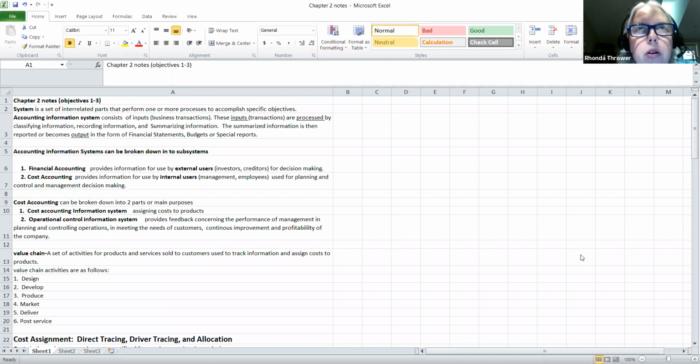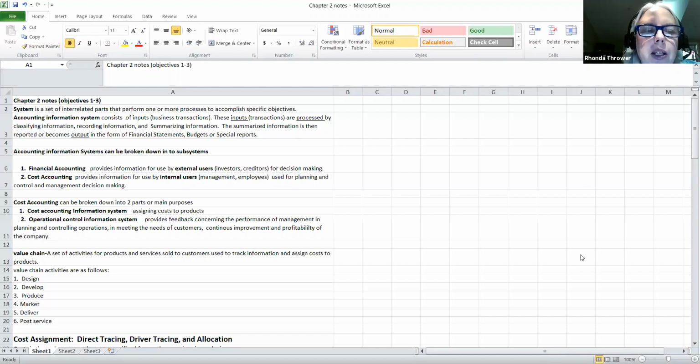What we're going to be learning about in cost accounting is a cost accounting system where we're going to be tracing product cost, and we're also going to be tracing cost to activities. So you kind of have to understand that a system is really a broad set of interrelated parts that we're going to use to help us to obtain our objectives.